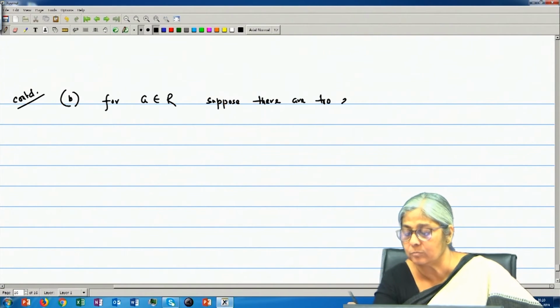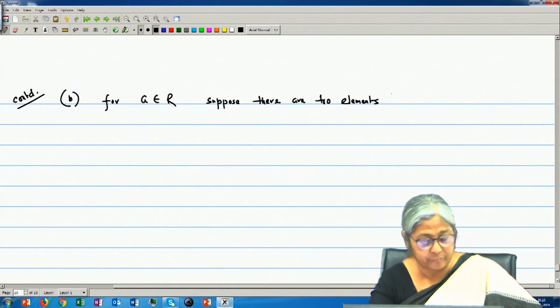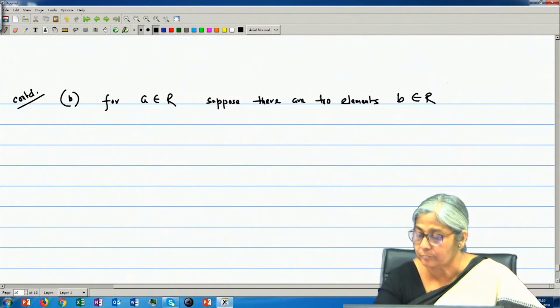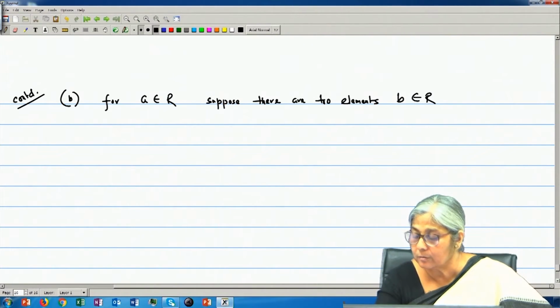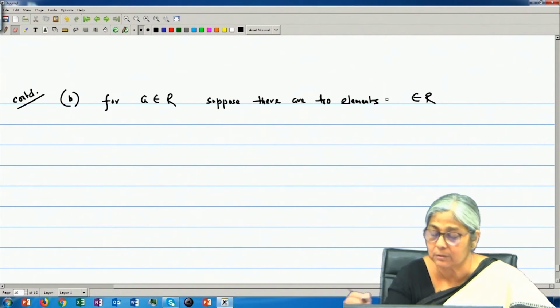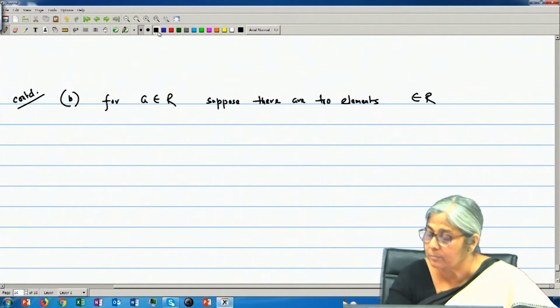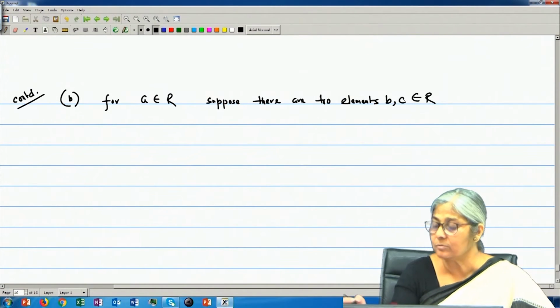Similarly, I can take two elements b and c belonging to R.